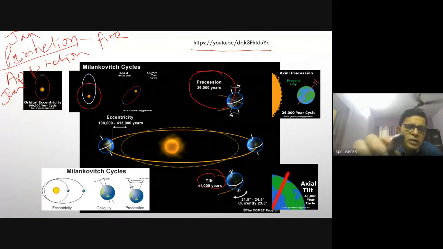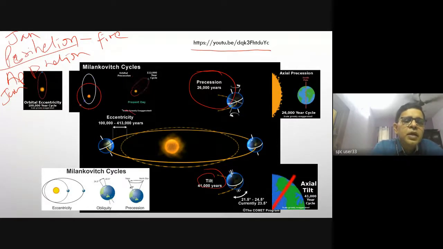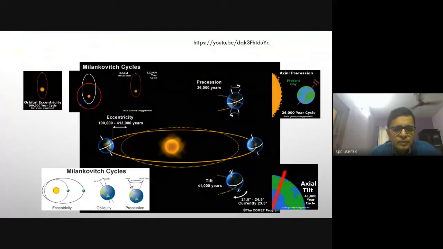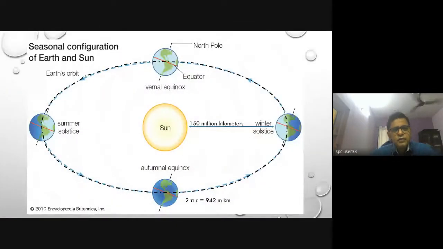You'll see that the longest cycle of all is a cycle of 1 lakh to 4 lakh years, approximately. It varies between that. Then we come to this aspect.